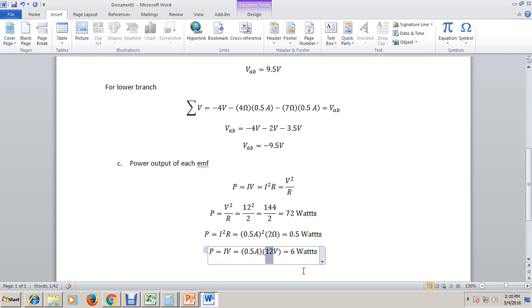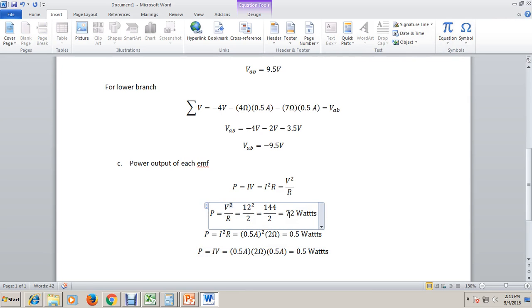The 2 ohm resistor gives 2 times 0.5. So basically this becomes 0.5 watts.